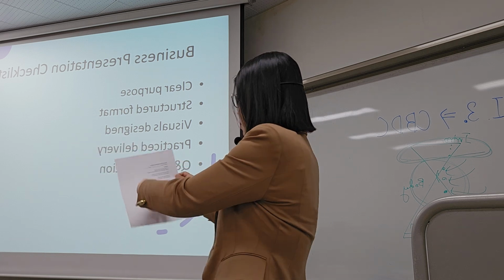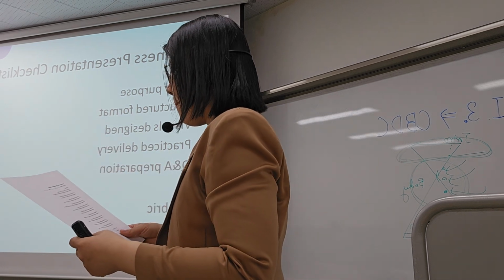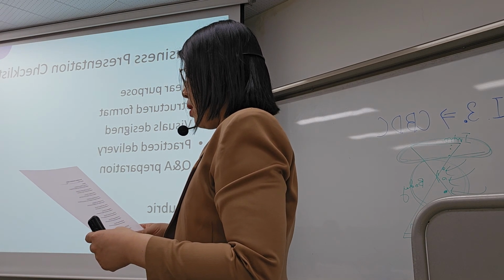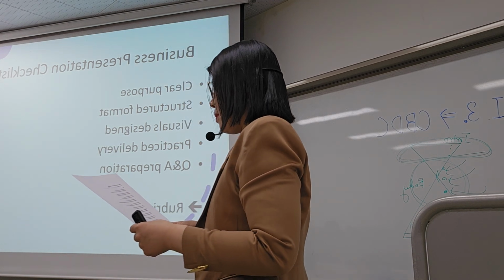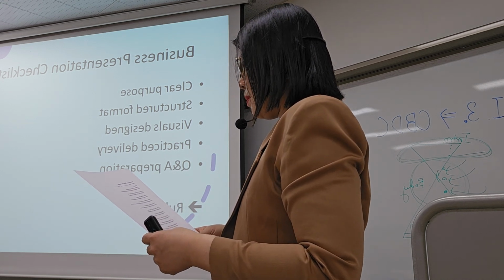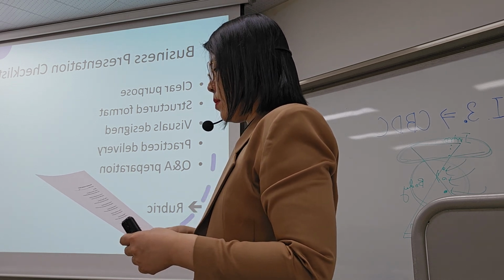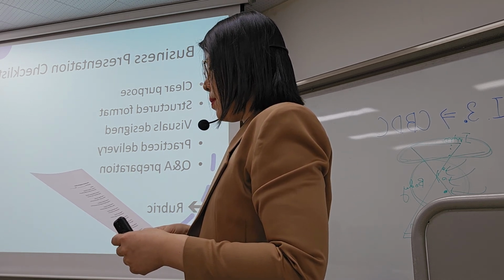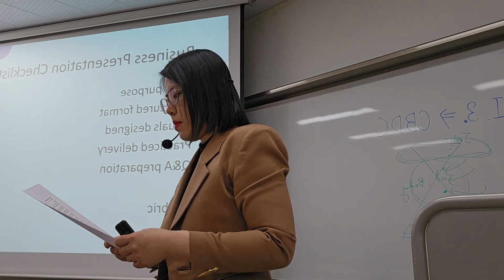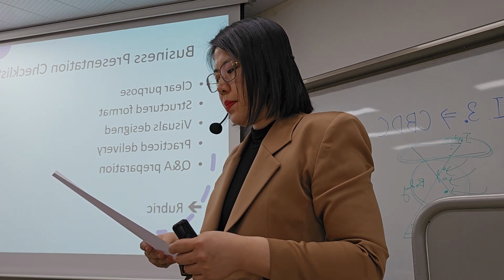Can you read the 10 points here? The first point, clarity of purpose. Clear objective stated and followed throughout. Second, structured organization. A logical flow. Intro, body, conclusion. Third, visual design. Slides are clear, readable, not too text heavy. Fourth, content and support. Strong evidence or examples. Story or data used effectively. Fifth, verbal delivery.